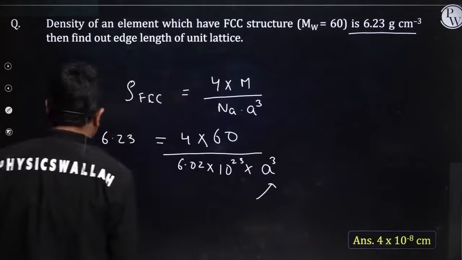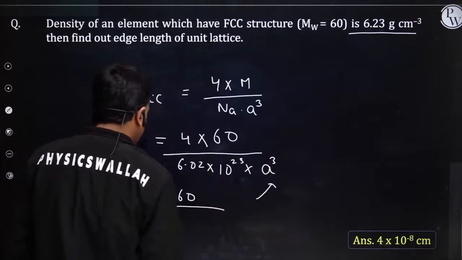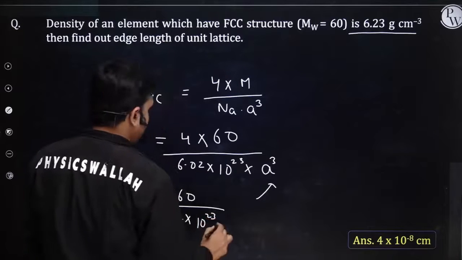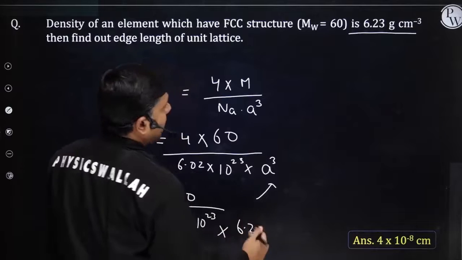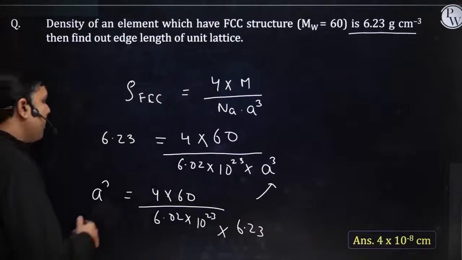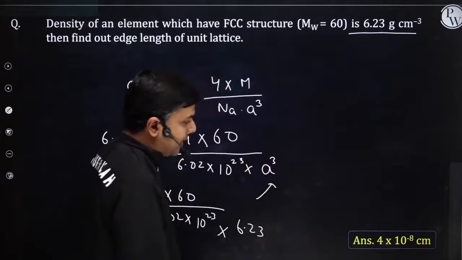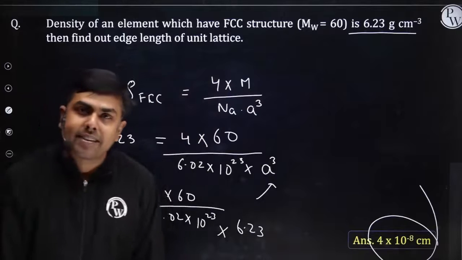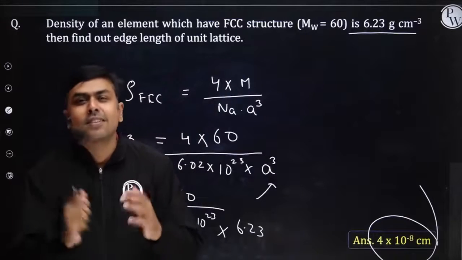So from here a cube equals 4 into 60 upon 6.02 into 10 raised to the power 23 into 6.23. Am I clear? So from here we can easily calculate the value of a, and the edge length which we are getting is approx 4 into 10 raised to the power minus 8 centimeter. Am I clear, students? Let's move ahead.